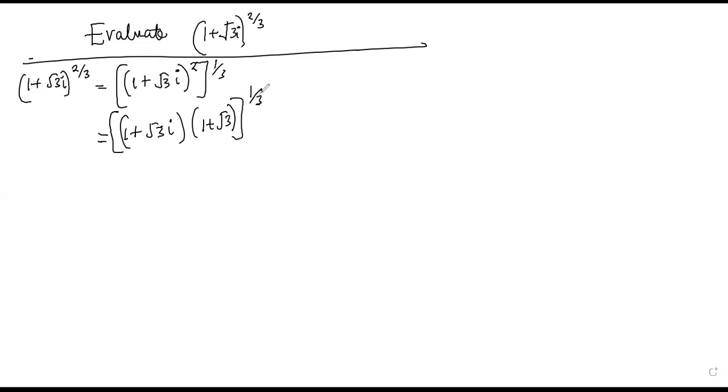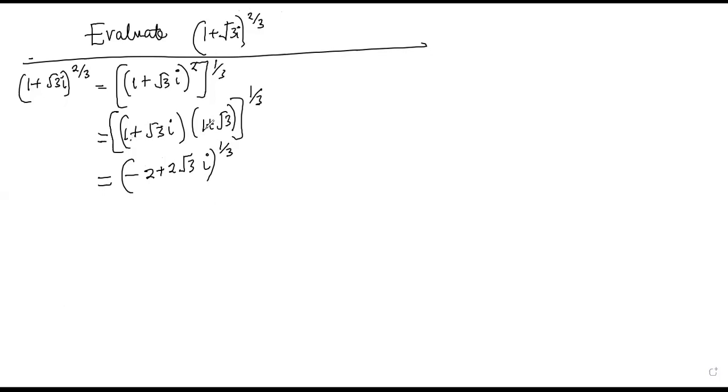This is squared, then power third, implying that when you simplify this, it's going to be -2 plus 2 root 3i, then to the power a third. How does it come about? Members, I did all this so that I have that a third, the root. But when it is 2/3, it is hard for you to express. So having brought 2 inside, it's a square. That's why I squared these.